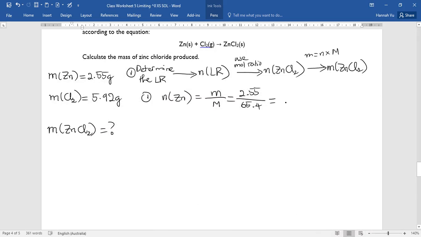2.55 divided by 65.4, 0.03899 mole. So that's zinc. And the number of mole of chlorine is also mass over molar mass.